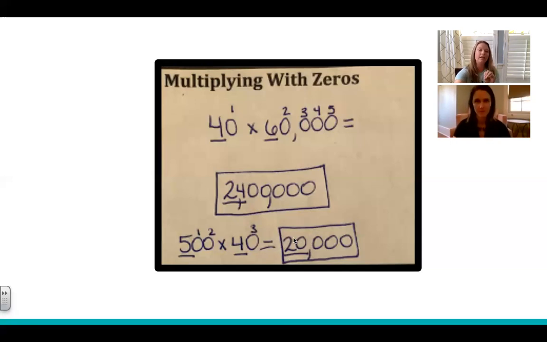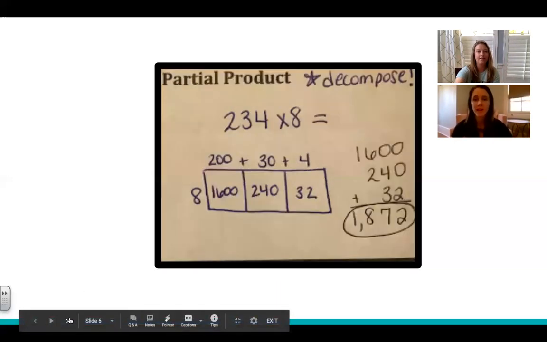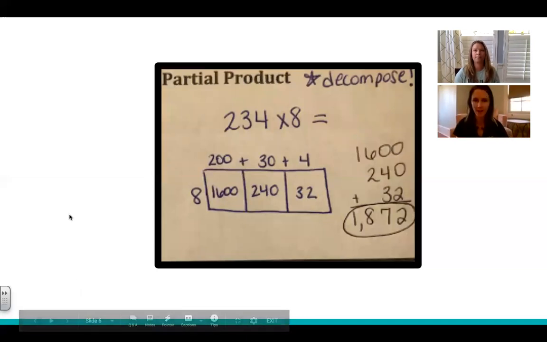That's the only kind of confusing part, but it's not bad if you keep your numbers underlined, because then I need to add 1, 2, 3 more zeros. So here they are, 1, 2, 3 more zeros. And then, like Mrs. Moore said, I'm going to look at the whole number and at the end put the commas in, separating it out by periods. Just be careful not to double count that 0, because then you'll have an extra 0 and it won't be right.